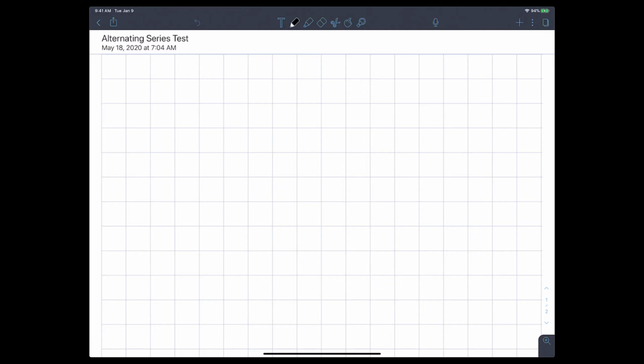Alternating series test. Of course, it's going to be based on some assumptions. I want you to note a few things. So far, with the last test, our terms were positive terms.